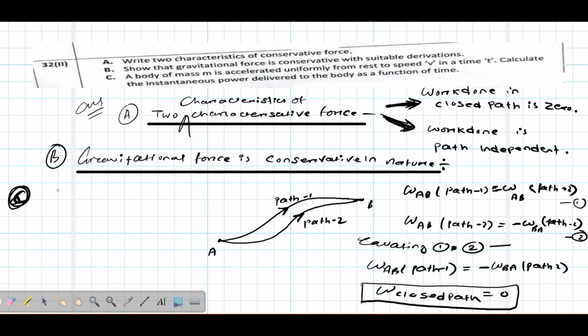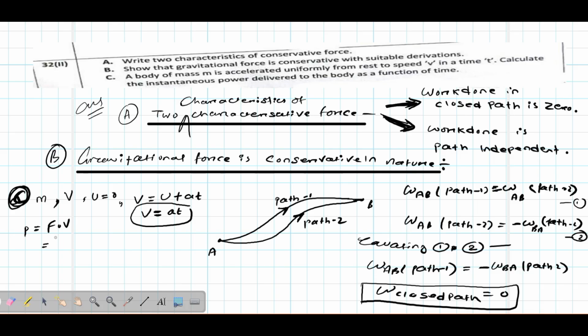Mass is m, speed is v, initial speed u equals 0. v equals u plus at. As u equals 0, v equals at. Power equals force into velocity.